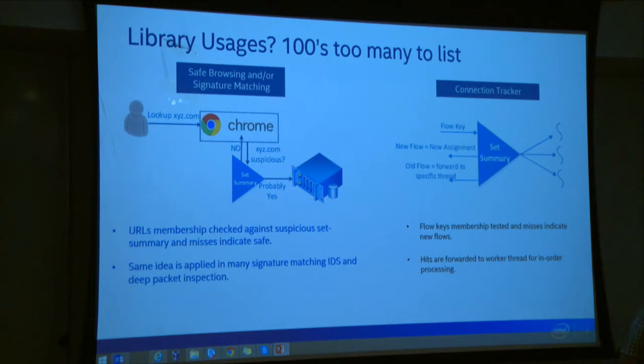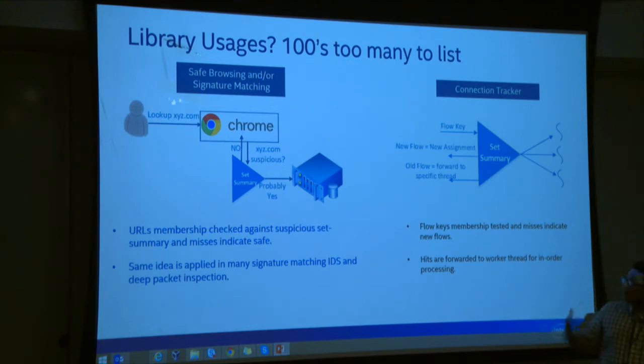Another example that I like is the Chrome that we are using today. Chrome, in the safe browsing mode, is using something with very similar functionality to a set summary. What they have is a list of bad URLs, for example, porn or anything like that, a list of bad ones where you should not go.